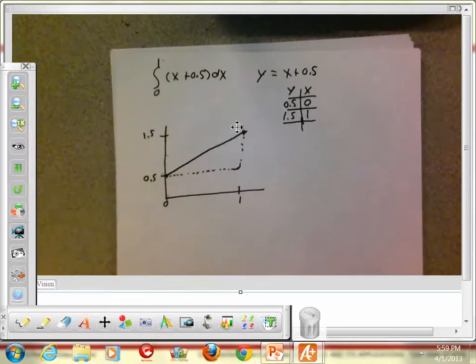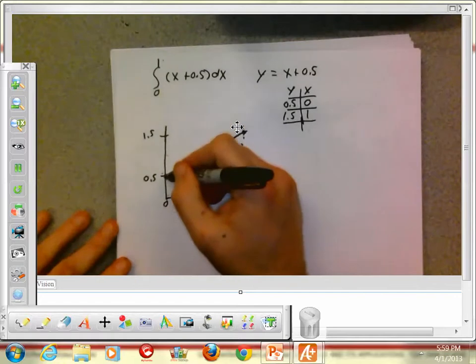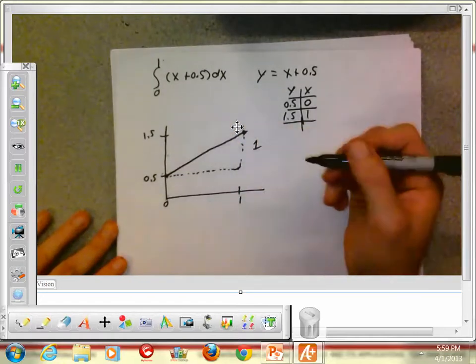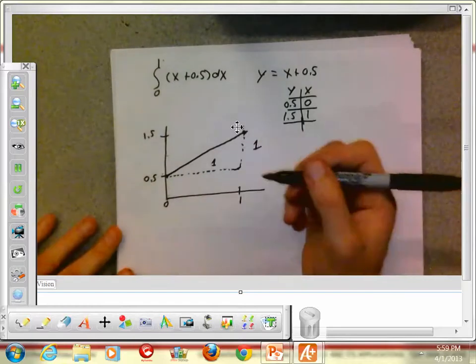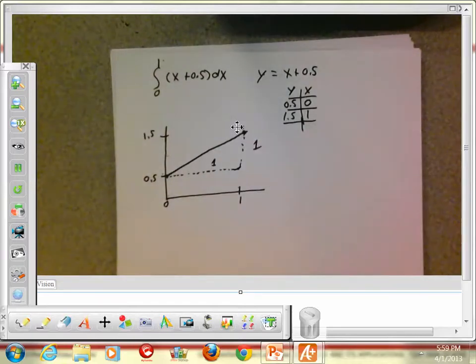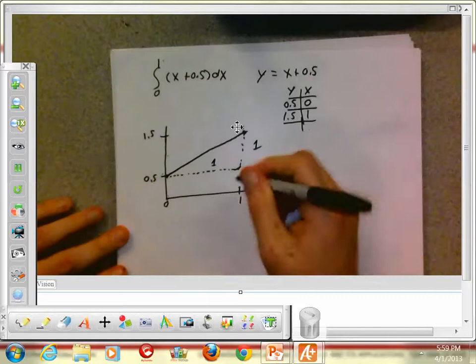And what is going to be the height of this triangle? 1.5 minus 0.5, right, is going to have a height of 1. What is the base of this triangle? 1, right? So what is the area of this triangle? 1/2, right? So the area of this triangle is going to be 1/2.